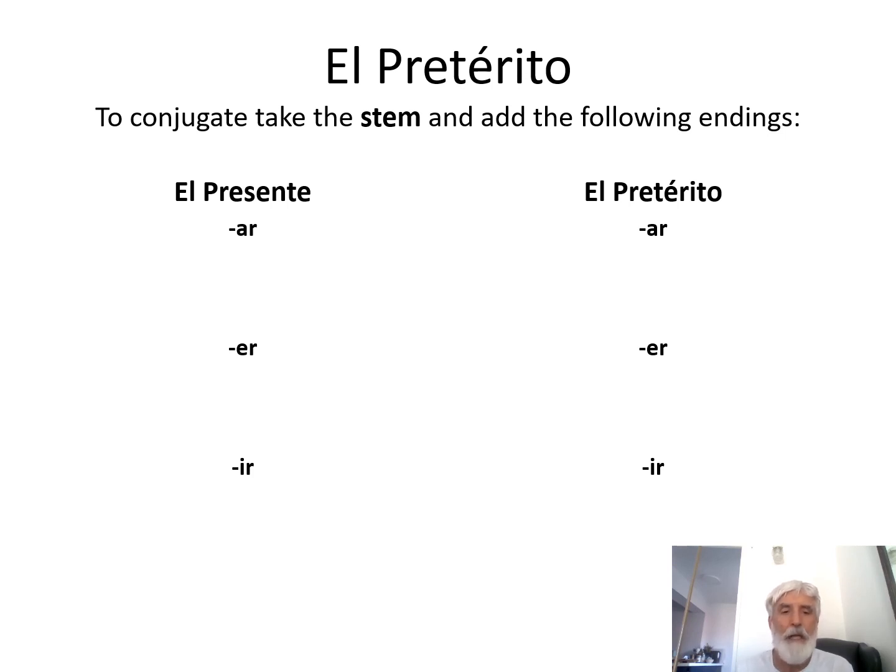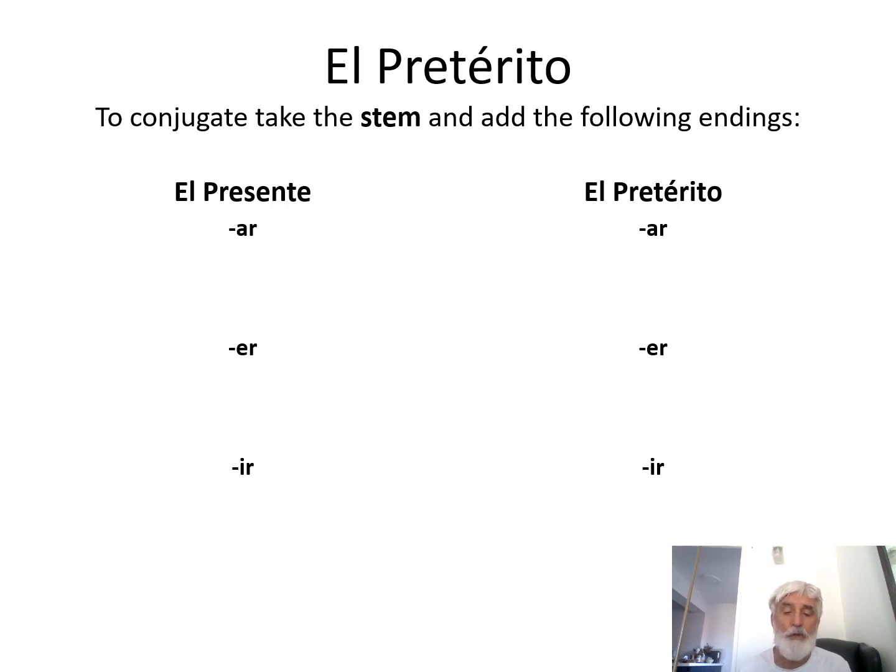Now, what I did here is I've given the present tense, the simple present tense, because it's always good to review. And then I've given you, and we're going to look at the preterite tense after that, how to conjugate. So whenever we conjugate a verb in Spanish, we all know this by now, we need to get the stem of the verb. We know that all verbs in Spanish end in either AR, ER, or IR.